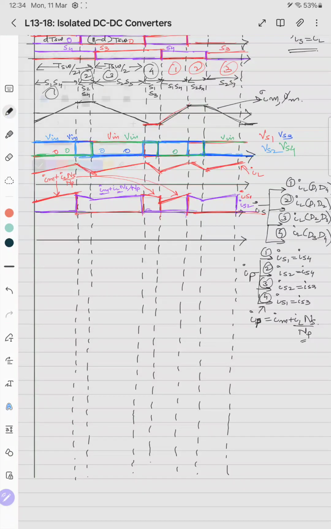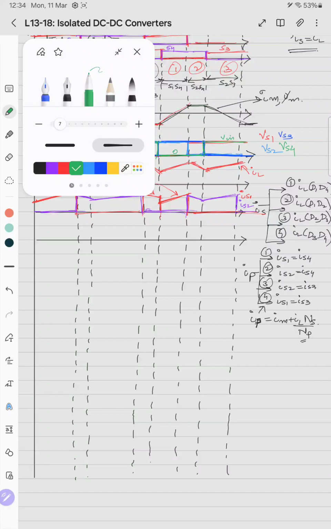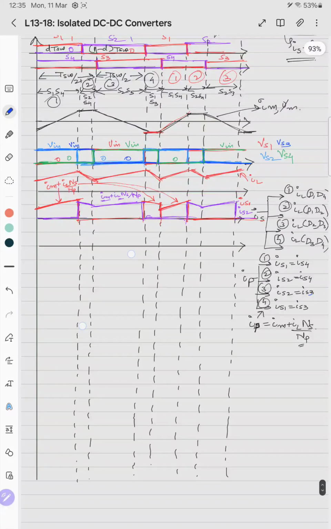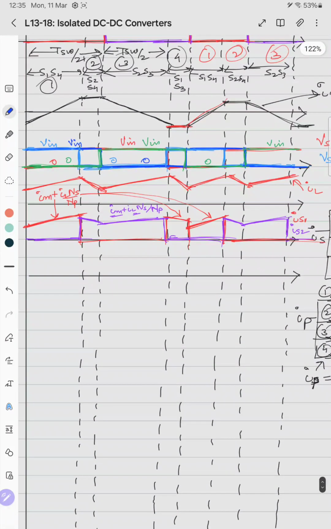Then IS3, IS4. We'll draw IS3. IS3 will come in case 3 and 4. So we'll add Im and IL in case 3 and 4. In case 3, Im is negative slope and IL is a positive slope. So it will be slightly positive slope like this.